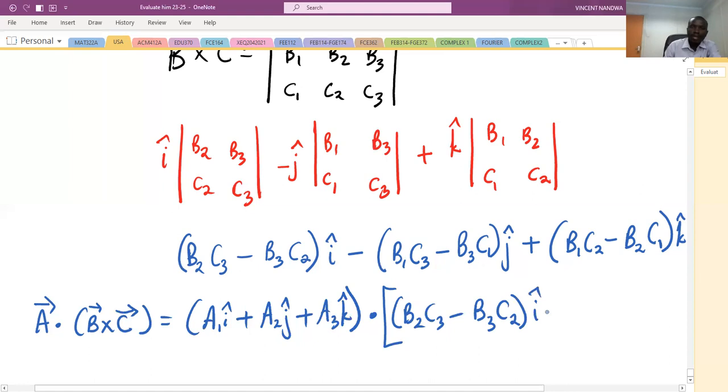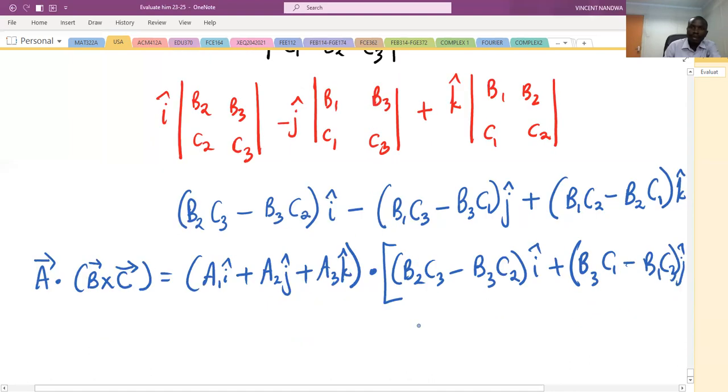So this one can be written as plus. Now I start by writing this term, B3 C1. This is minus B1 C3, j, and then plus B1 C2 minus B2 C1, k.